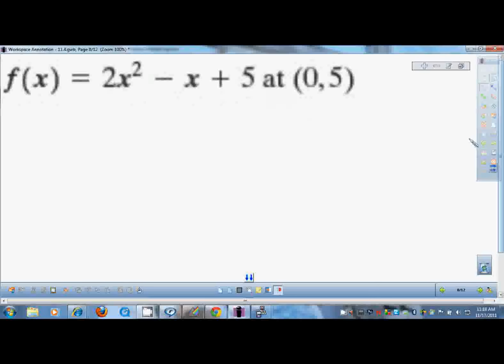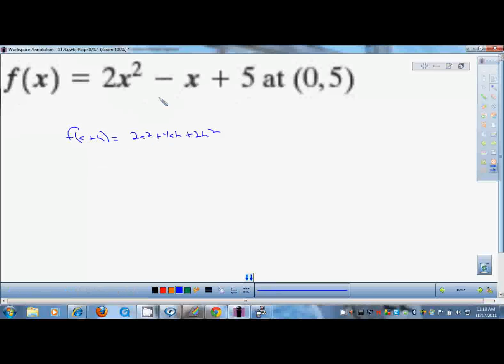Did you distribute them when you first did it? I'm guessing if that happened, it was in this early step. When you had f of a plus h, the first one should have been the same as last time: 2h squared plus 4ah plus 2h squared.